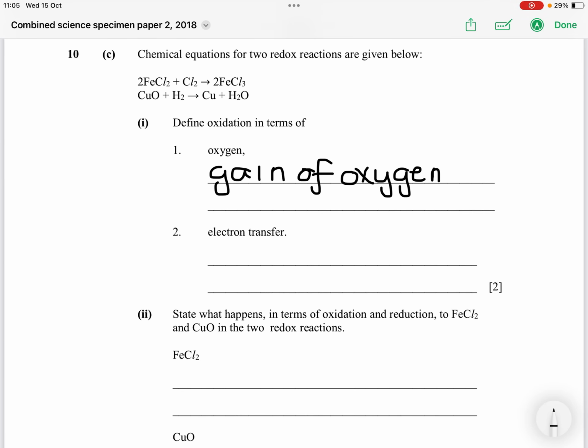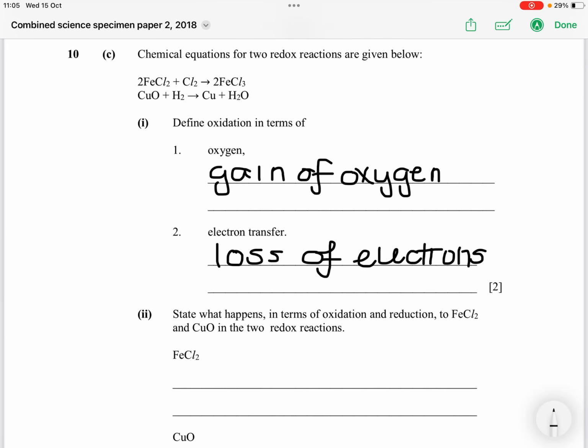Oxidation is defined as the gain of oxygen. For example, if we react hydrogen and oxygen, we are going to get water. This is an example of oxidation. And then in terms of electron transfer, oxidation is the loss of electrons. So by doing this, you get your 2 marks.